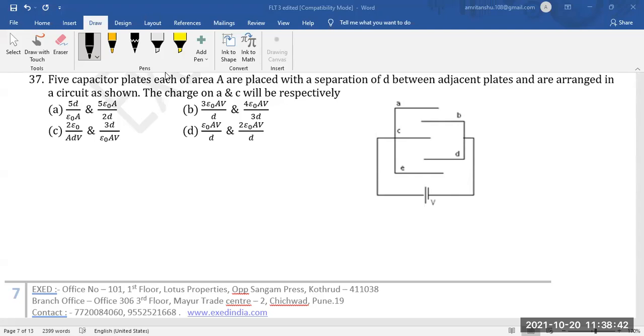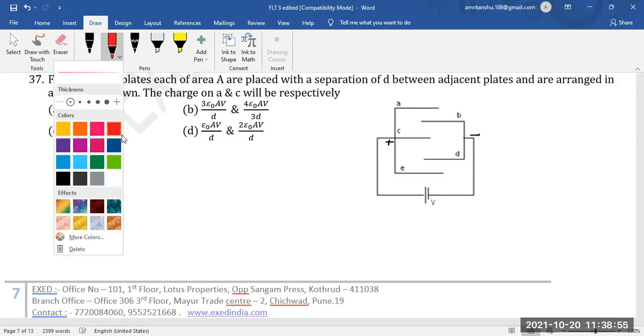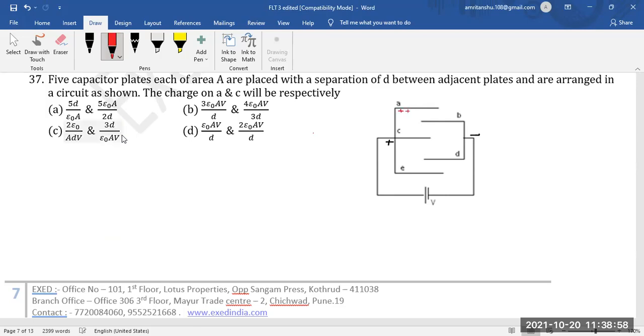So in this question, as we can clearly see, the plates A and B, this is connected to the positive terminal, this is connected to the negative terminal. So what is going to happen is positive charge is going to come over here, over here, over here, and over here. Negative charge is going to come, let's say over here, over here, over here, and over here.